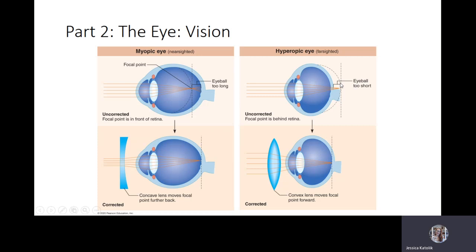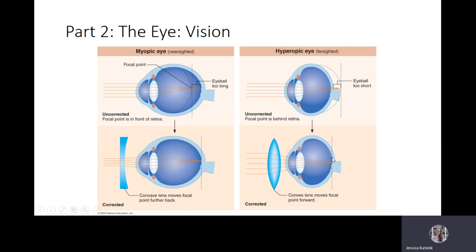So again, that's going to lead to blurriness when you're trying to look at objects. To correct that, you would use a convex lens instead of a concave lens. As parallel light is coming through, that will cause the light to bend and converge before it enters the eye, and it gets further bent by the cornea and the lens.